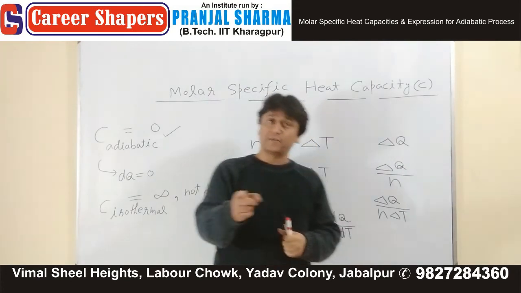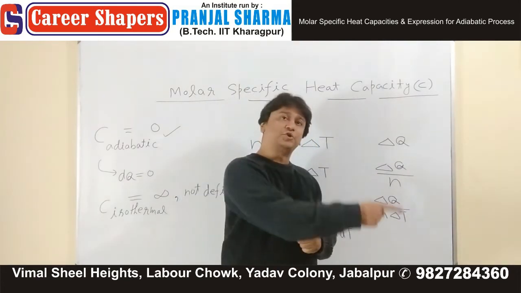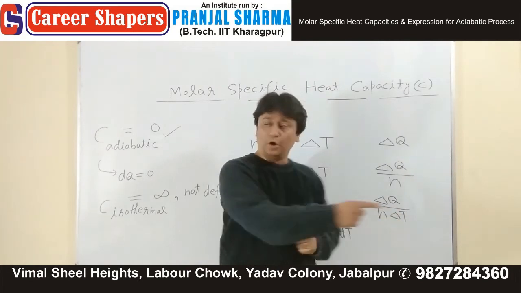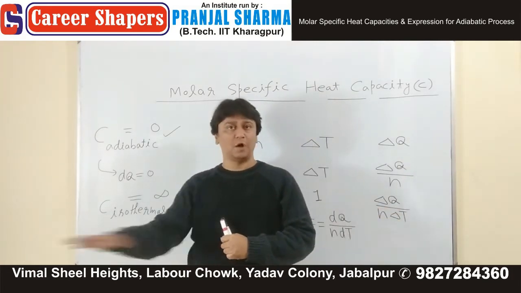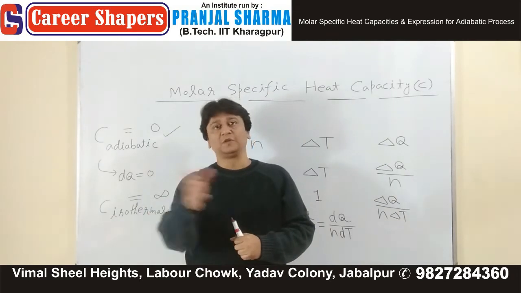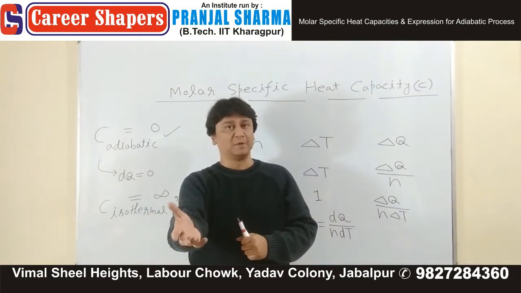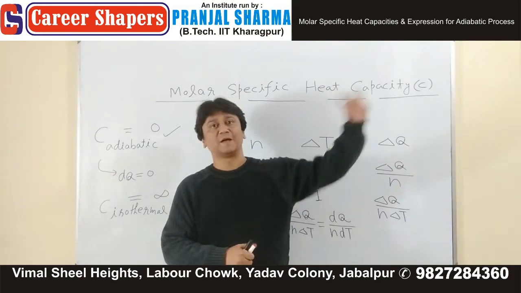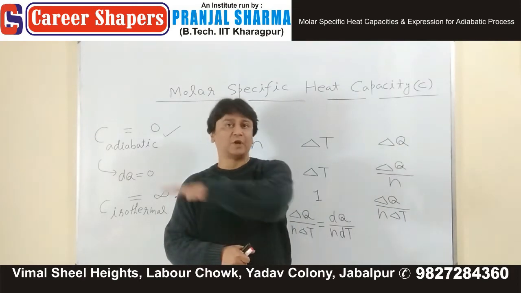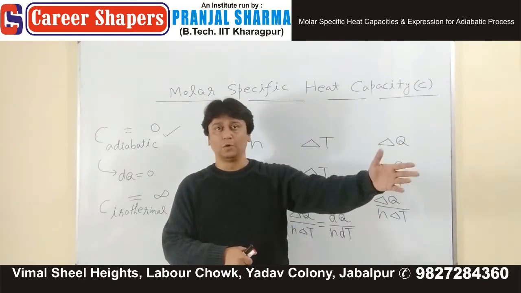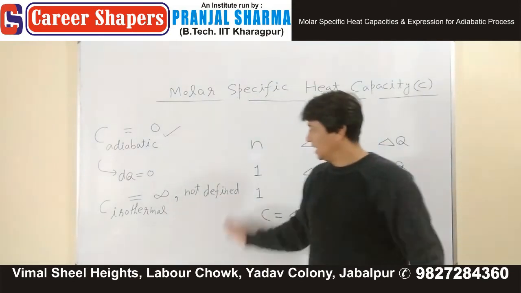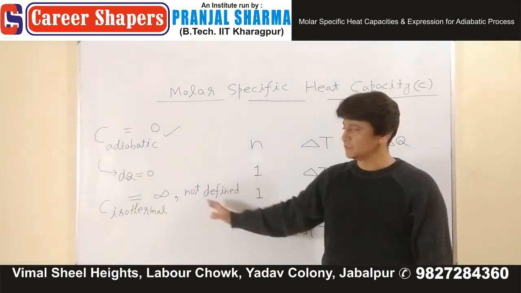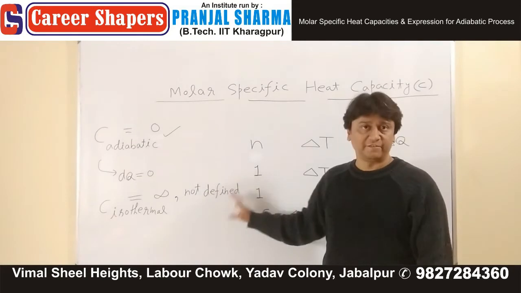So if I say that I have to increase the temperature by 1 degree Celsius, on the other hand I am saying that I need to keep temperature constant throughout, then both these things cannot take place simultaneously. You cannot increase the temperature by 1 and at the same time keep the temperature constant. These two things are not possible, and therefore we also say that C is not defined.